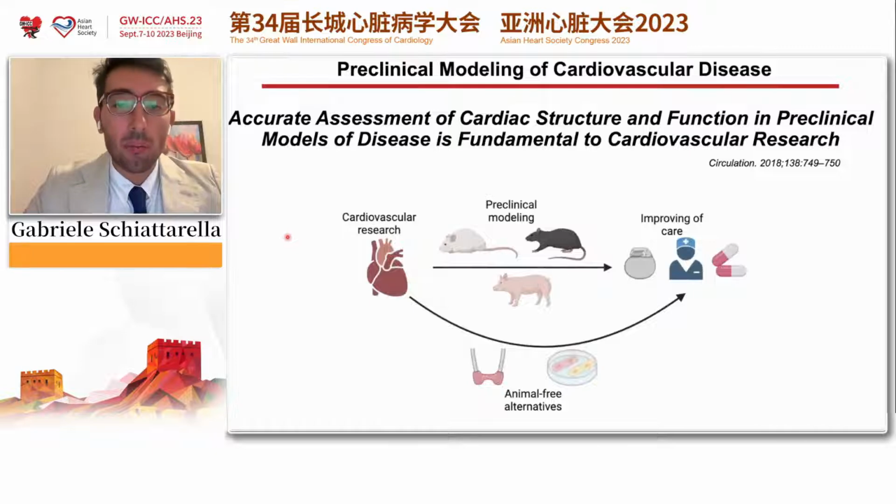And indeed, there is no improvement of care without a deep understanding of the underlying pathogenetic mechanism of cardiovascular disease. And this must occur through preclinical modeling, animal-free alternatives, but the understanding of the mechanisms that participate in the pathogenesis of cardiovascular disease is critical to provide novel therapies and to ultimately improve the standard of care of patients.